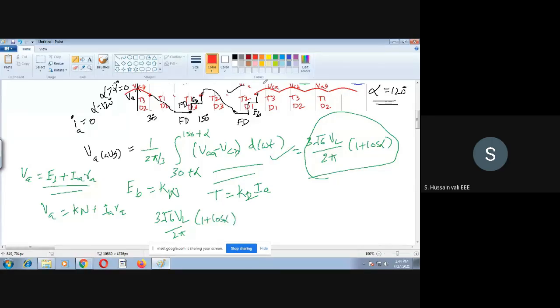So that is equal to K1 N plus T by K2 into RE. So we'll get this answer, and we can go ahead with this. So this is VA.